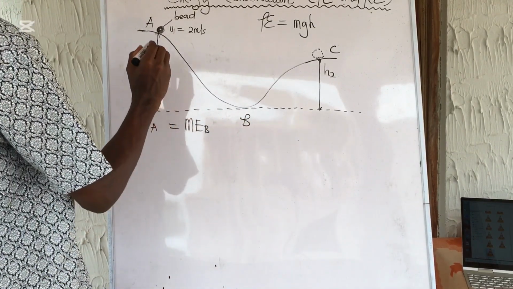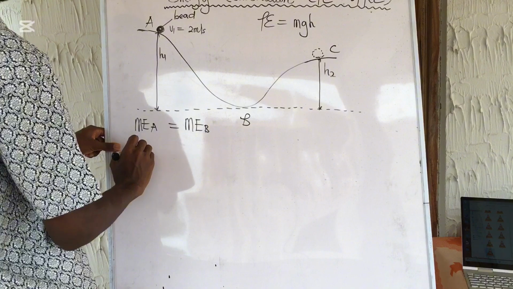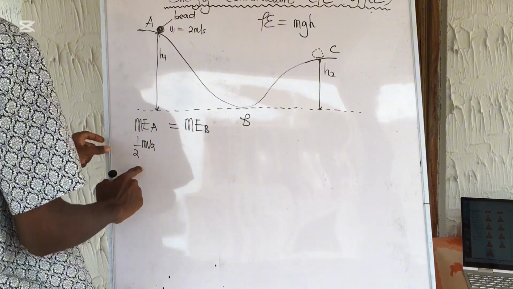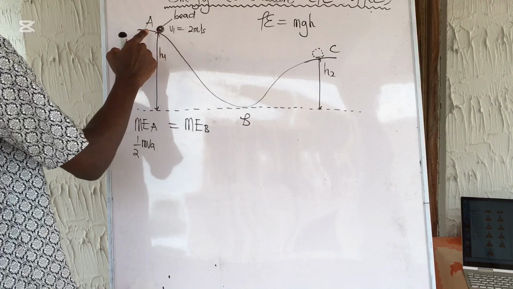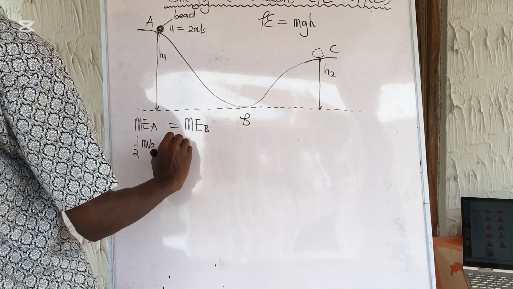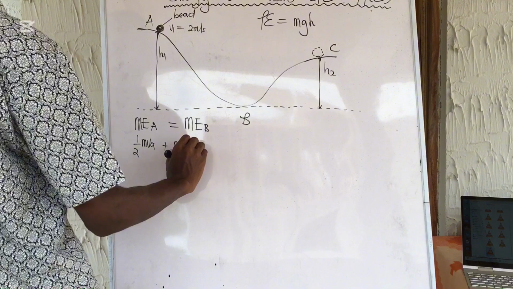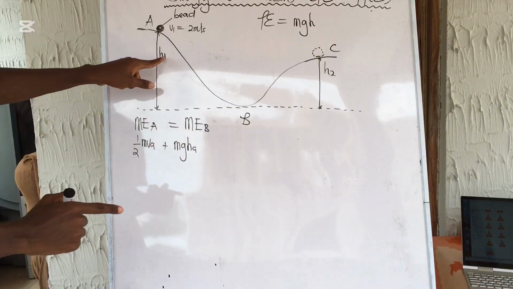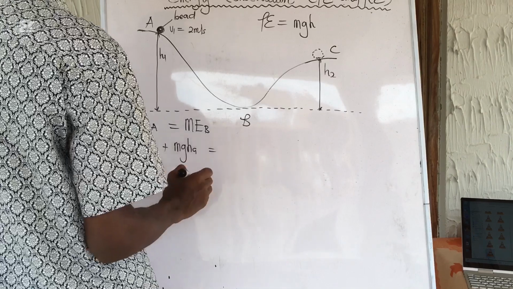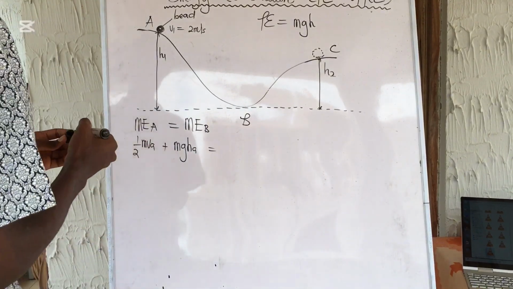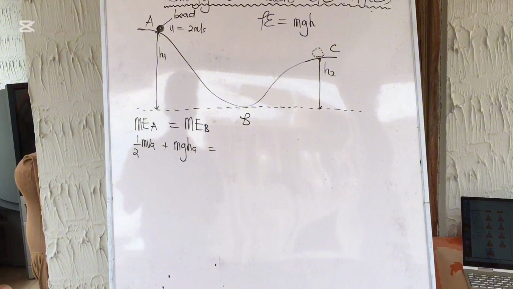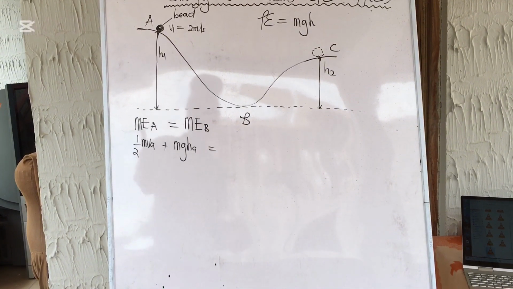So at point A, we have half m va squared, where va represents the velocity of the object at point A, plus m g hA. The hA here is the same thing as h1. Now, kinetic energy plus potential energy is the same thing as mechanical energy.